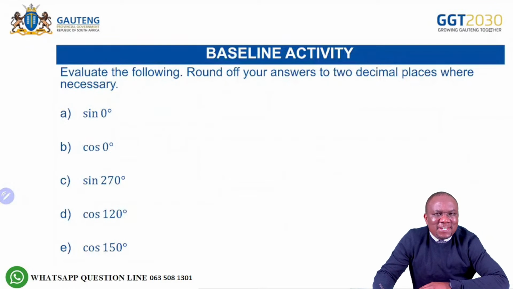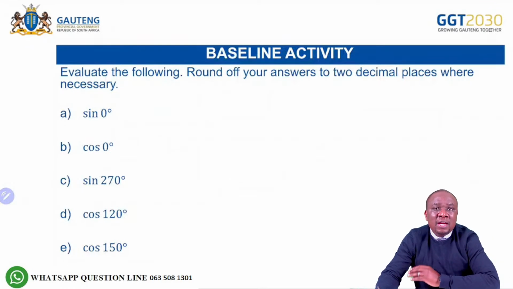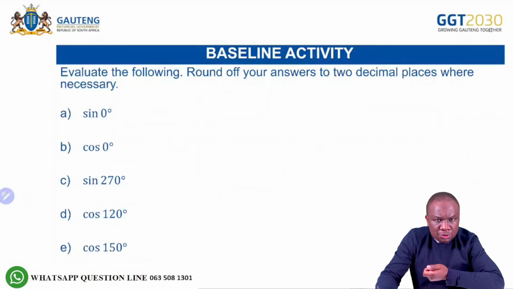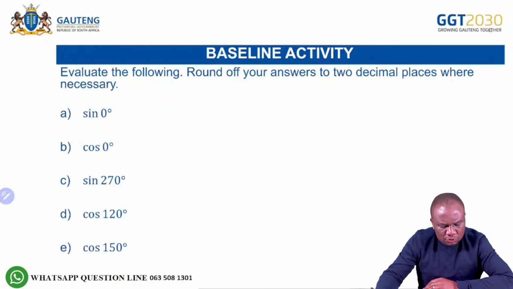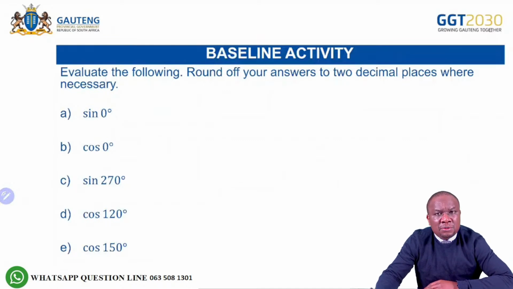Welcome back. I really hope that you managed to get the correct answers. Let's mark. I'm going to be showing you how to use your calculator to get the answers, and let's try to follow those steps if you did not get the answers correct. The first one, sine 0 degrees.